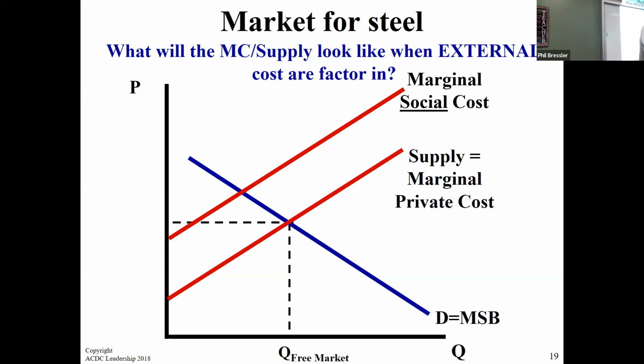Now, Trevor, if government is trying to get this market to produce less, what might they do? Raise the price. Now, could government go in and tell you to raise your price? No. But how can they get you to raise your price in a different way?